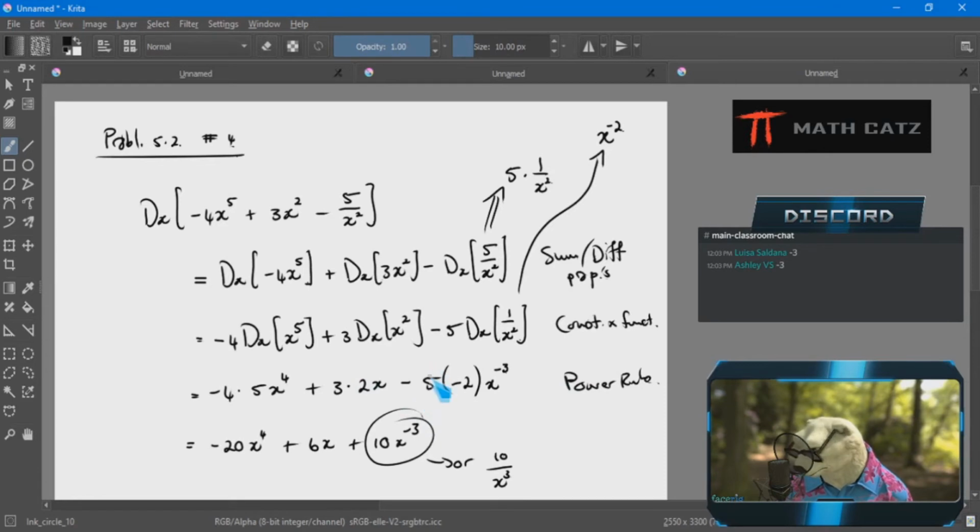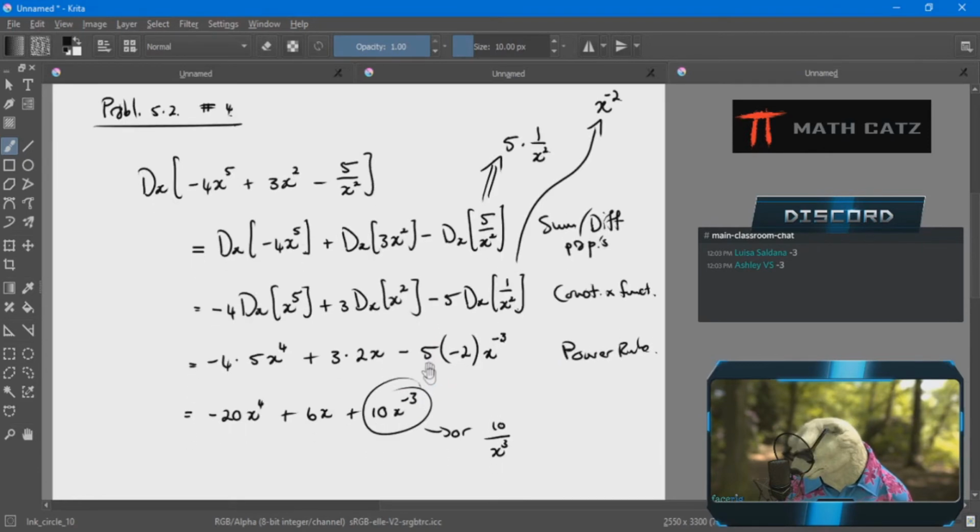Now, after a while, I'm not going to lie, I can't tell when that's going to happen for you, but after a while, you do start to look at this, for example, -4x to the 5, and you start to realize, well, the power rule is eventually going to happen, right? The -4 is really just waiting for the power rule. It's getting dragged along by the constant times a function property.